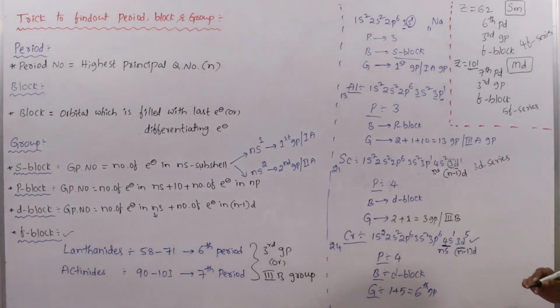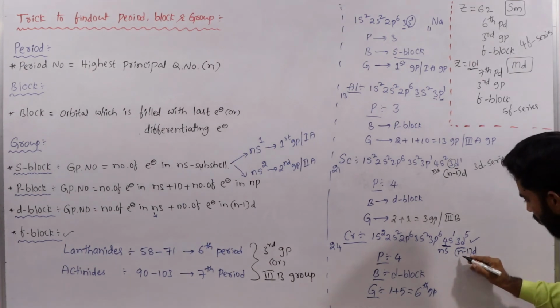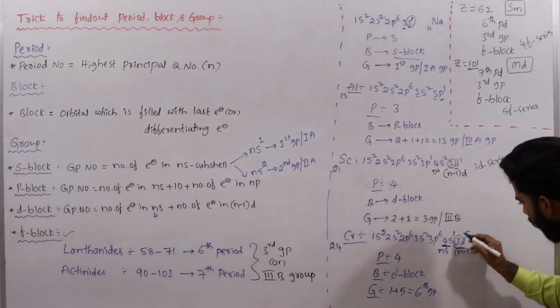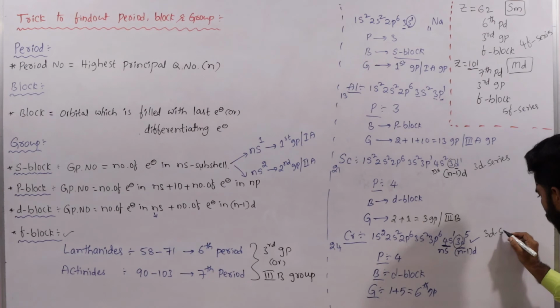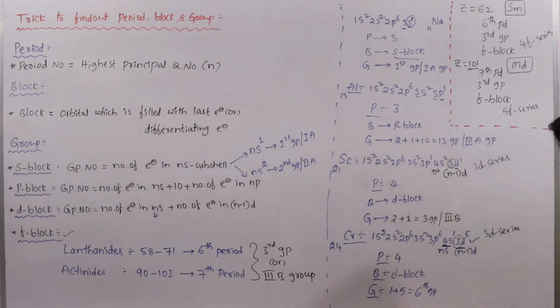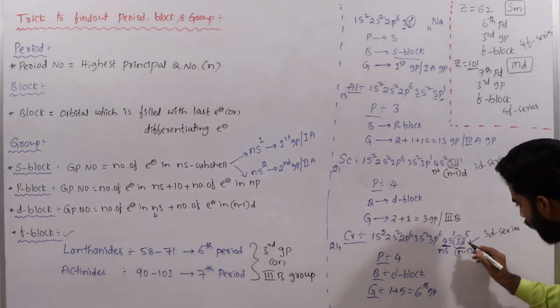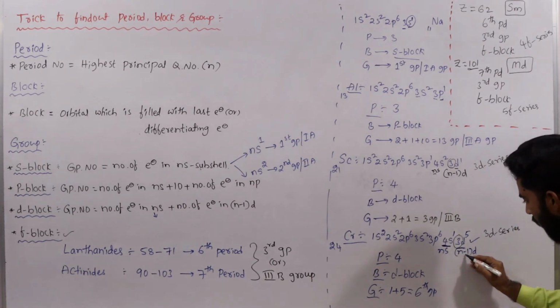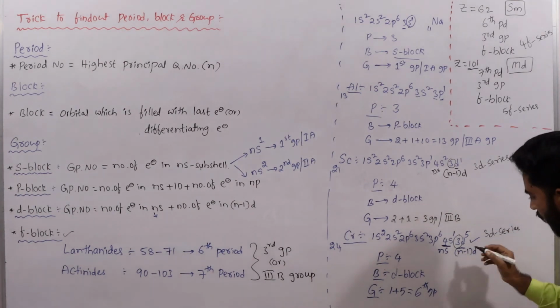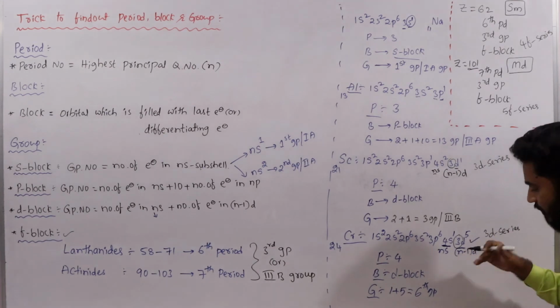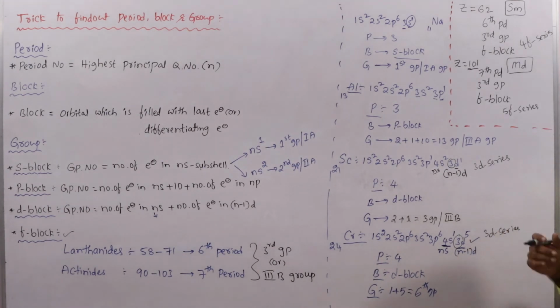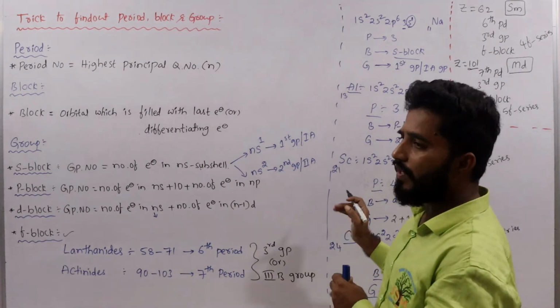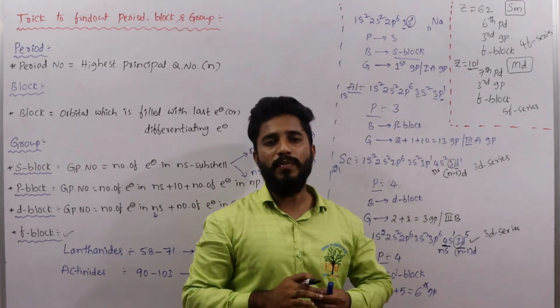Here also (n minus 1)d is 3, so this also belongs to the 3d series. If (n minus 1)d is 4, it is the 4d series. If it is 5, the 5d series. If it is 6, the 6d series.